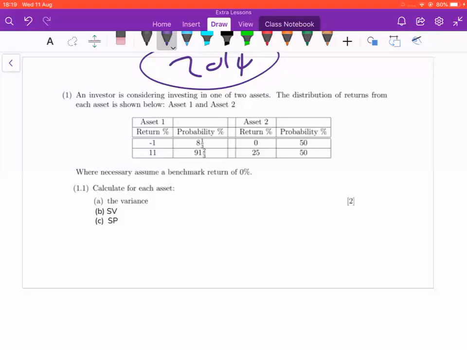Now this time I'm going to look at the variance for asset 2. I'm not going to do both of them. And then they want you to find semi-variance. I assume that we can all find variance, right? So I am going to look at semi-variance and shortfall probability.